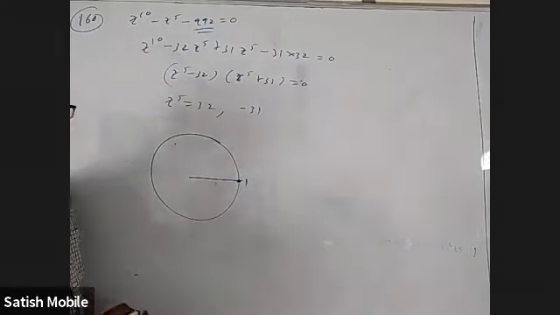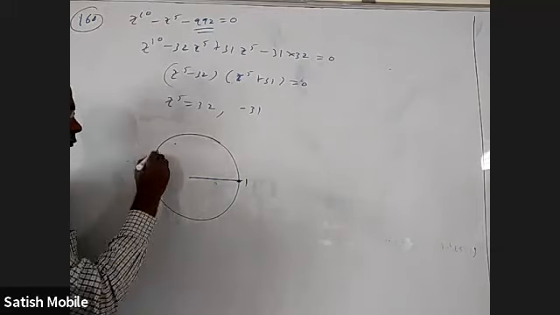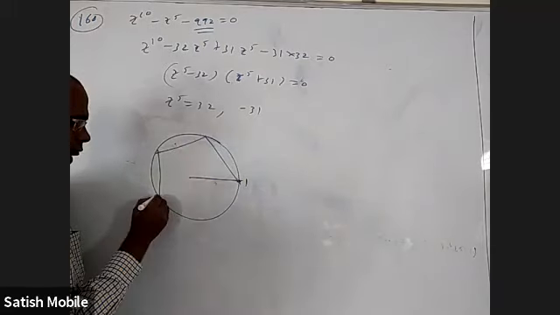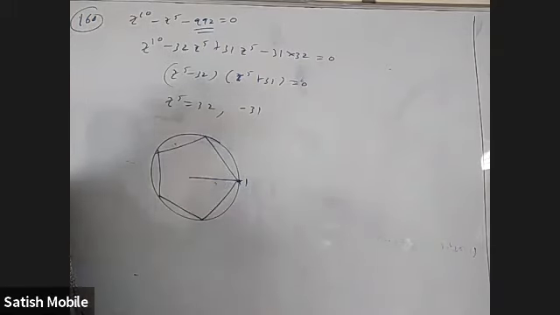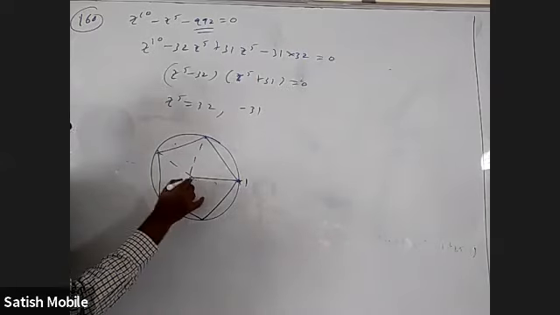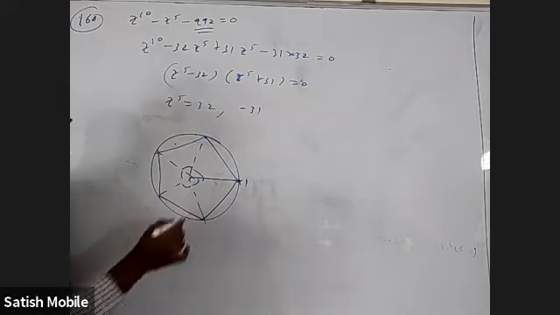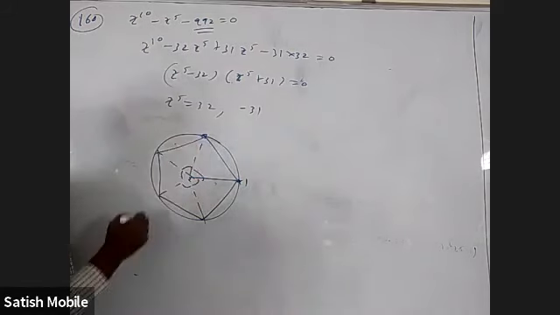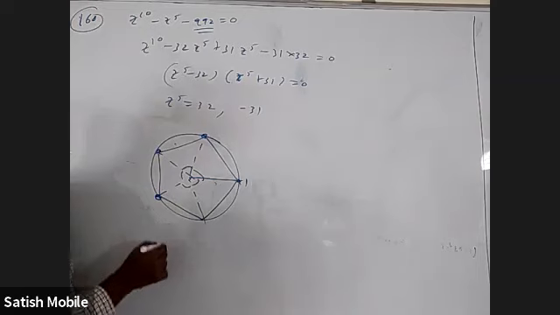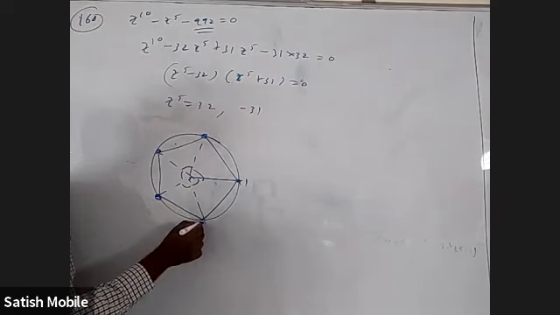Taking this as a vertex, draw a regular pentagon, and join all of them to the center. You know, this angle is 2 pi by 5, this is 2 pi by 5, this is 2 pi by 5, this is 2 pi by 5. These angles are 2 pi by 5, 4 pi by 5, 6 pi by 5, 8 pi by 5. All these are fifth roots of unity.